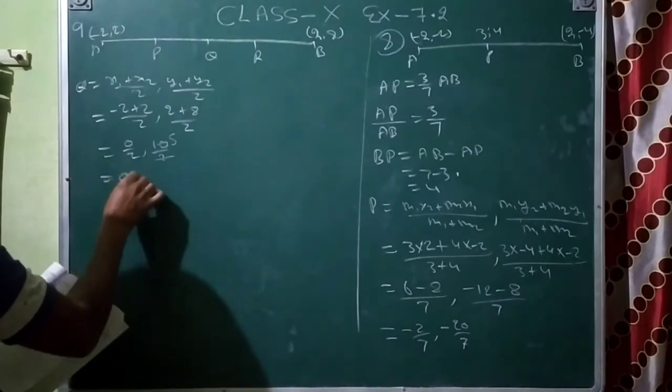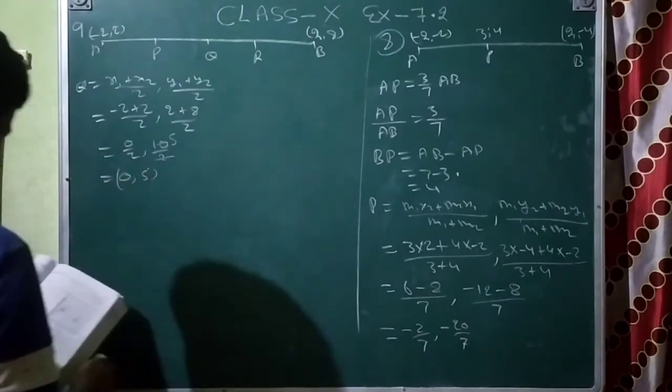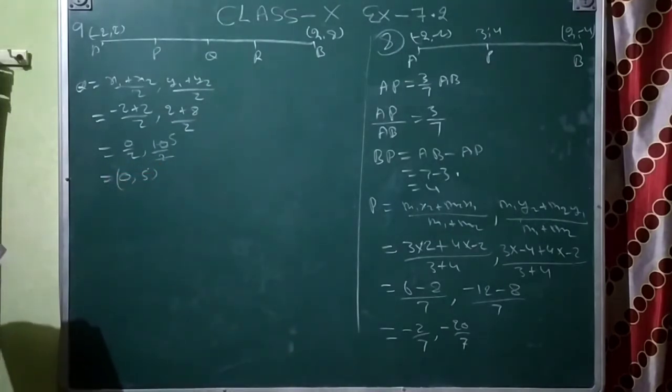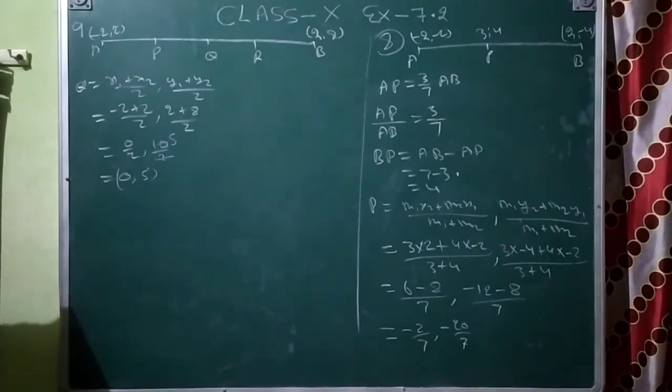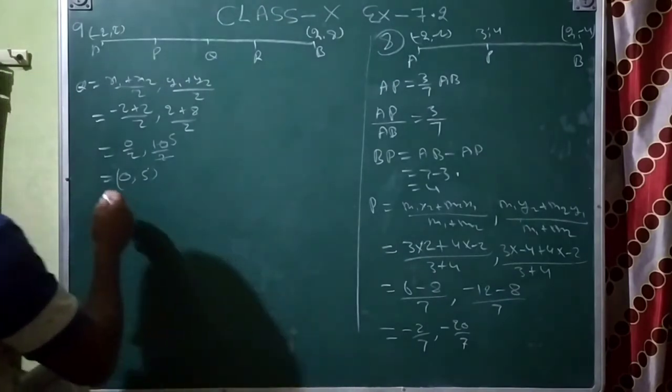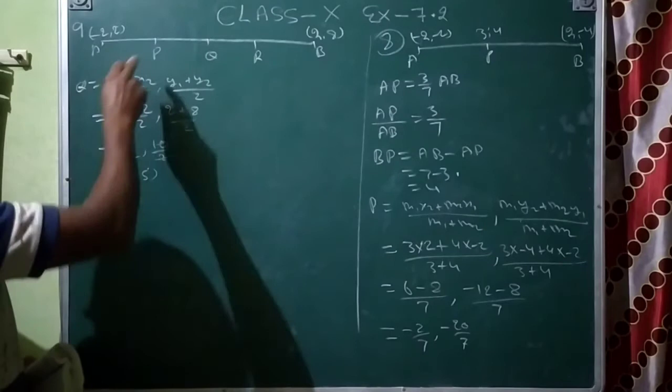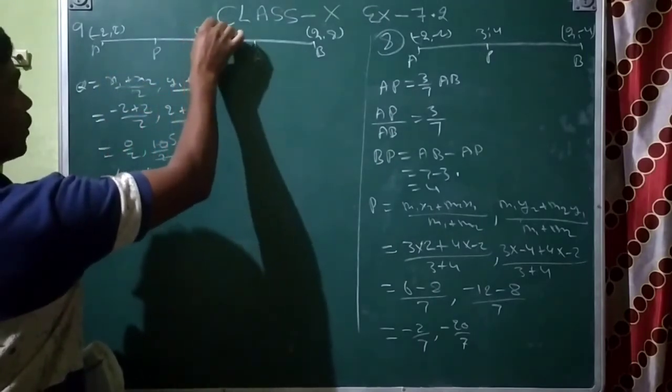So that is 0 comma 5. This is the Q point, 0 comma 5.